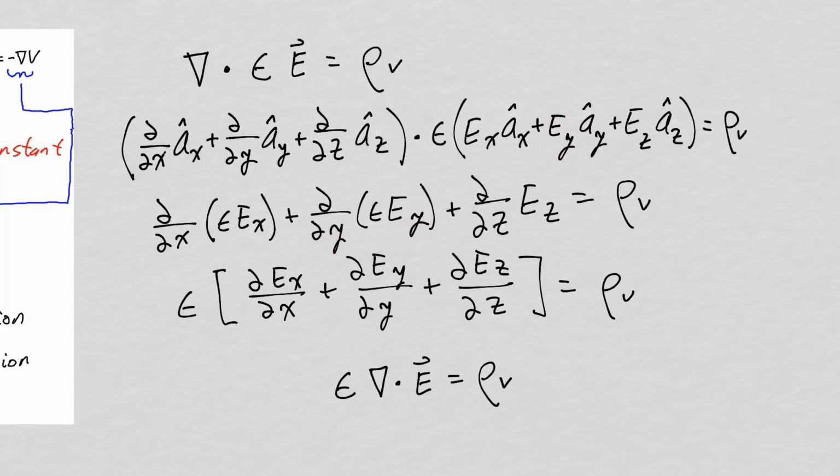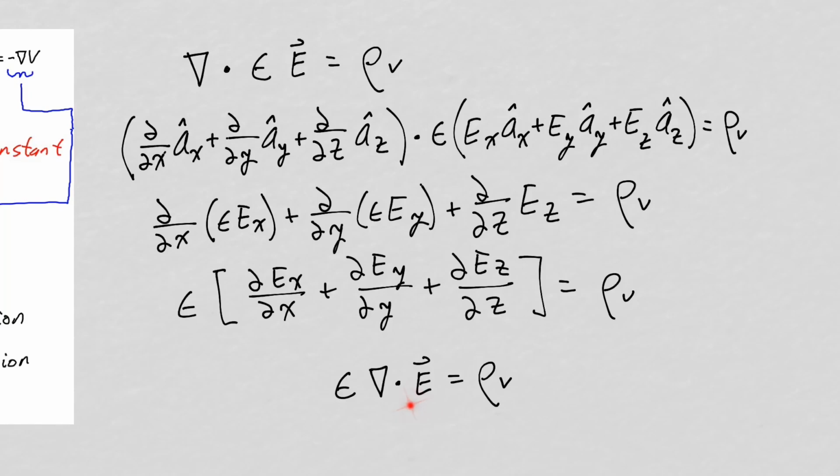With epsilon not being a function of position, we can move it to the left of the partials with respect to x, y, and z, and now we can rewrite this as epsilon times the divergence of the electric field intensity.